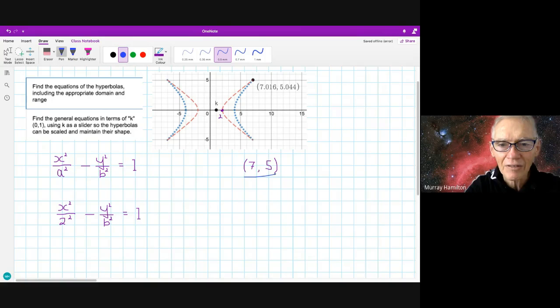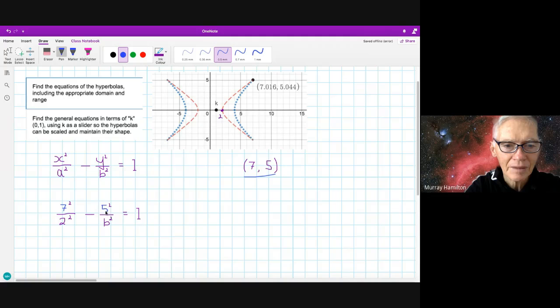So I'm going to put the X and Y values in. I'm going to erase the X and put the value of 7 in here, and then erase the Y and put the value of 5 in here. Okay, so hopefully you're with me.